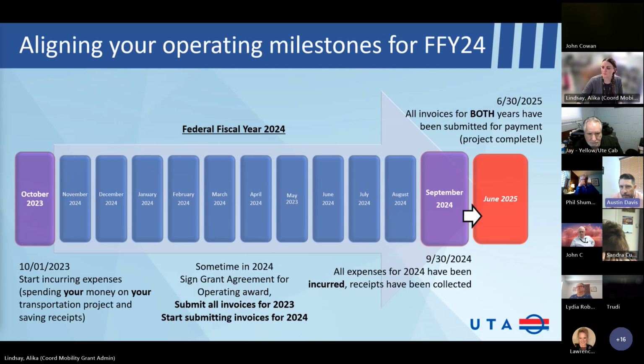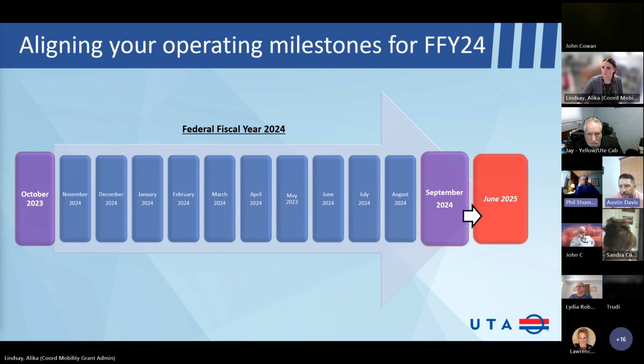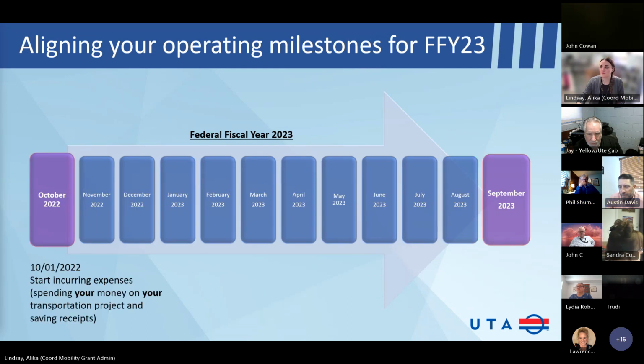Yes. Can that budget have any expenses for that buffer period from like September 23 to January 24?